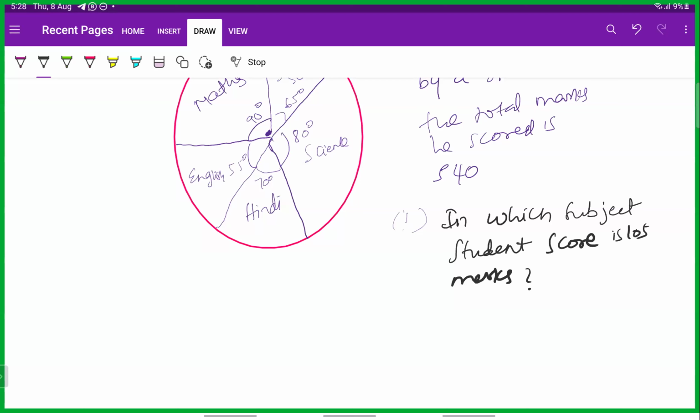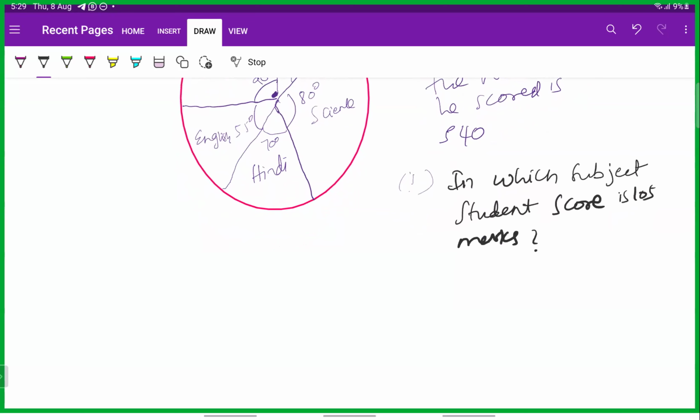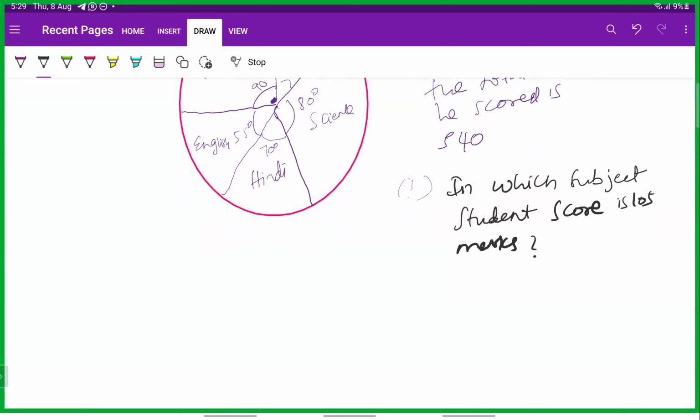What are you talking about? You are doing maths or you are doing small additions or subtractions. You are in 8th class. You are not in elementary class to give simple calculations and all. So in which subject is the score 105 marks, he is asking. How will we do this?